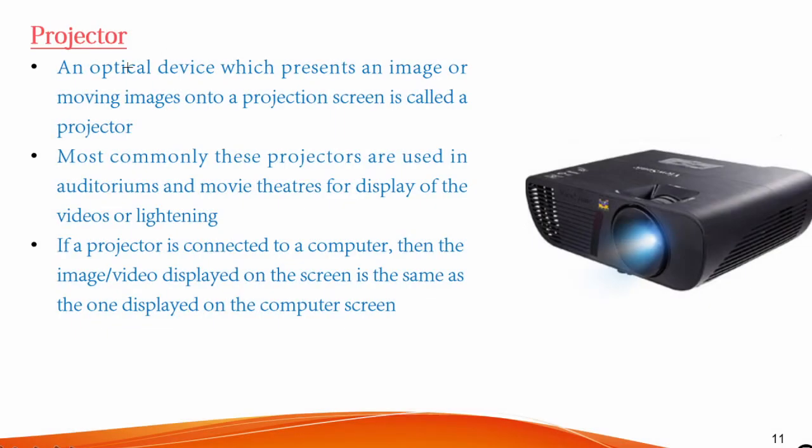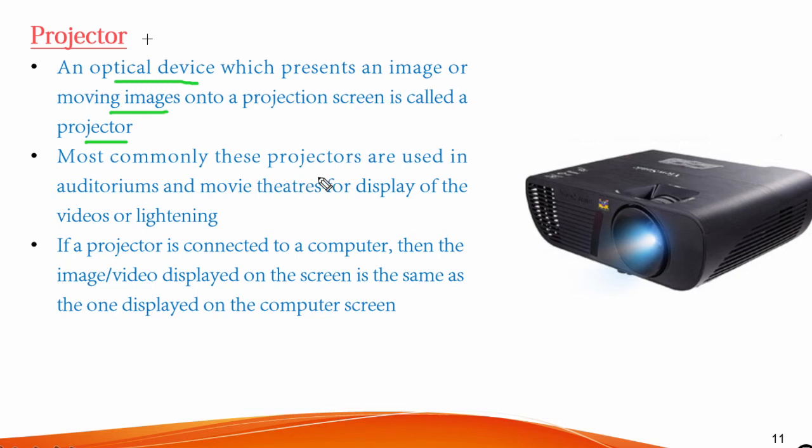And another output device is the projector. This is an optical output device which presents an image or moving images onto the projection screen. It projects the images and moving images on the screen, so we call it the projector.